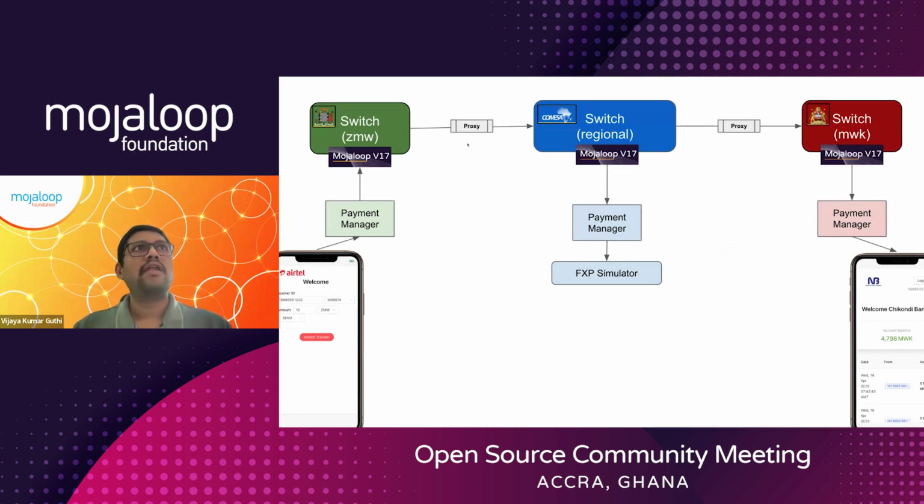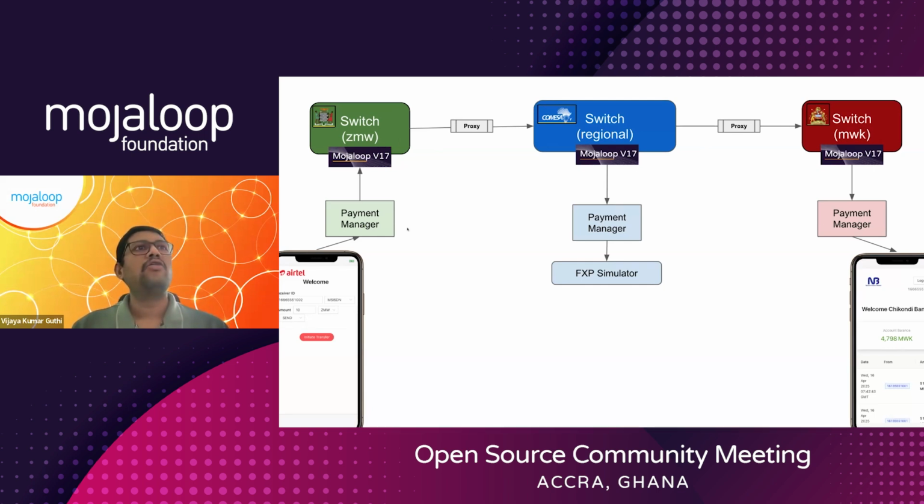So we have 3 switches deployed with Mojaloop v17. One for Zambian scheme, and one for Malawian scheme, and one is the regional scheme. So these 3 schemes are connected using the proxies in between. And we have payment managers for DFSPs.